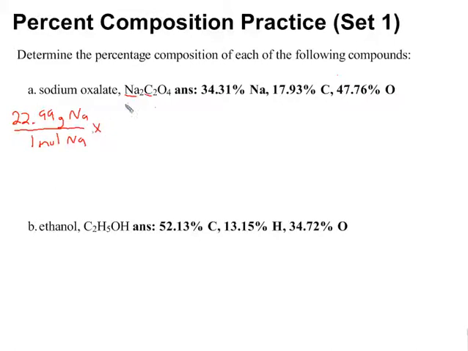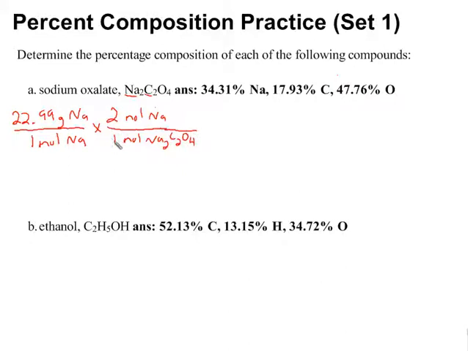This is where you have to analyze the problem and see how many moles you have. We actually have 2 moles of sodium for this. So we would write 2 moles of sodium on the bottom, in our solution of 1 mole of Na2C2O4.